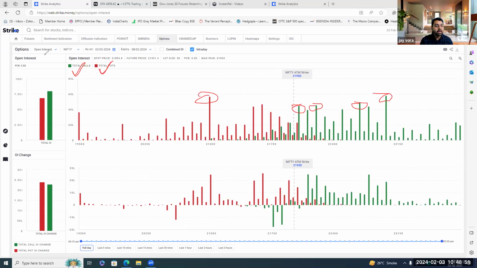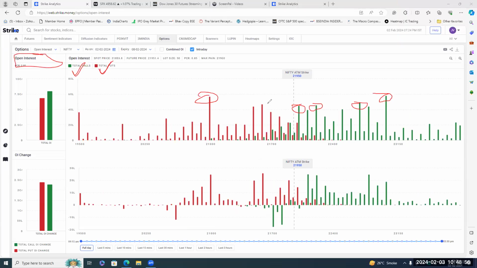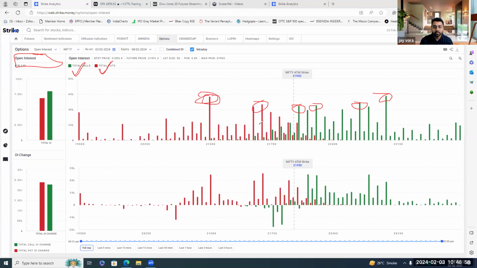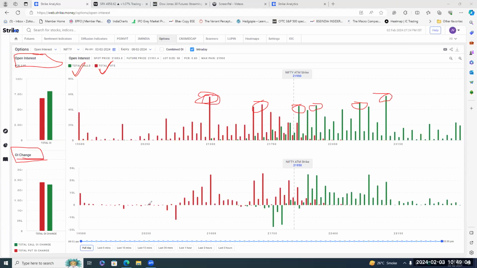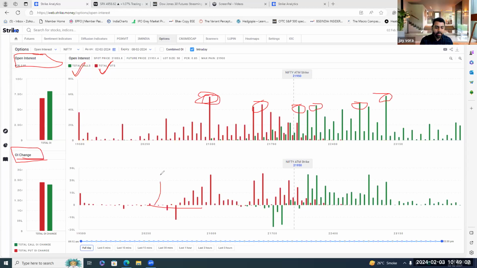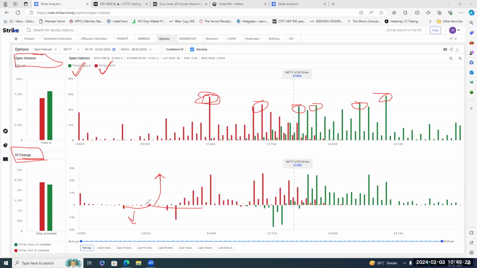At the top, what we are showing is open interest, so these are the places where there is higher open interest. On the downside, what you see is the OI change. Anything above the zero line means there is a positive change in the open interest, which means addition is happening. And anything below the zero line means unwinding is happening, that is covering.